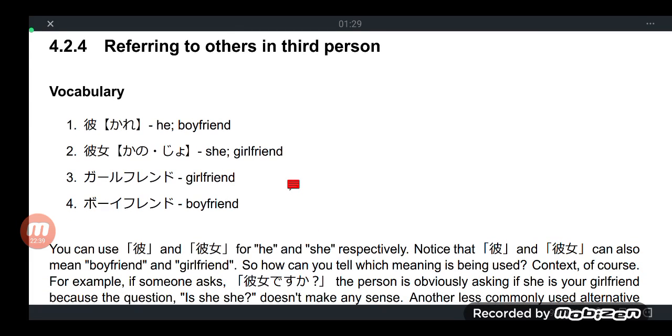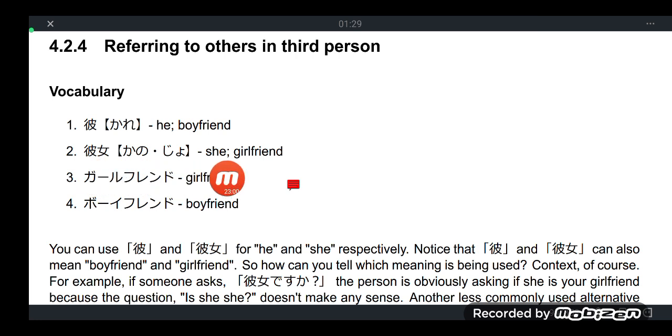So referring to others in the third person. Minasan, kare is a pronoun for he. Kanojo is a pronoun for she, but there are times that kanojo can also mean girlfriend. So how can we extinguish that confusion?